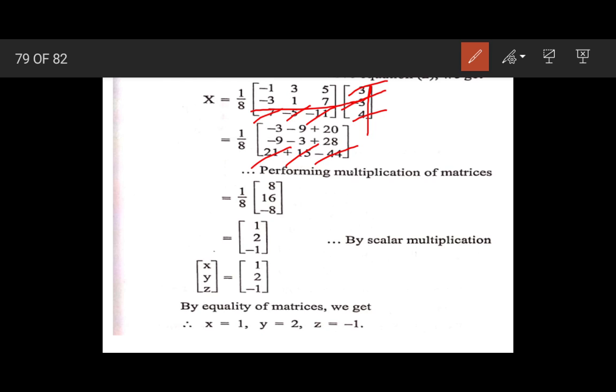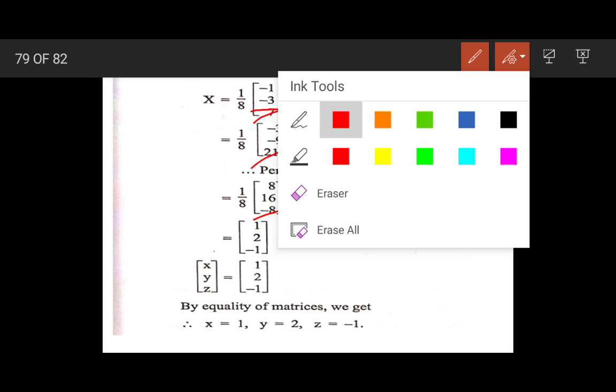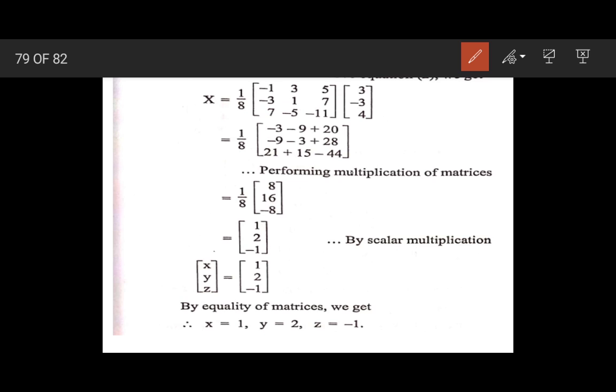Now 21 plus 15 will be 36. 36 minus 44 will be minus 8. Okay. So after multiplication we get this. By solving this we get these values.